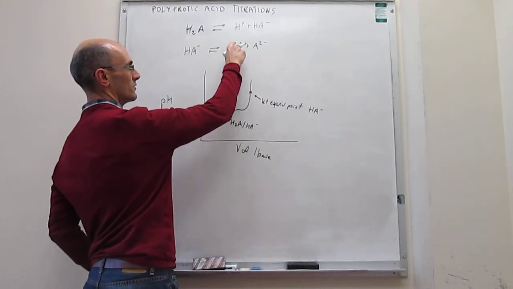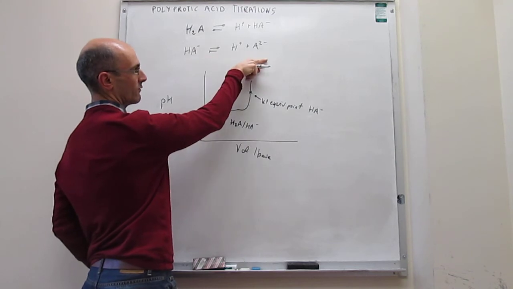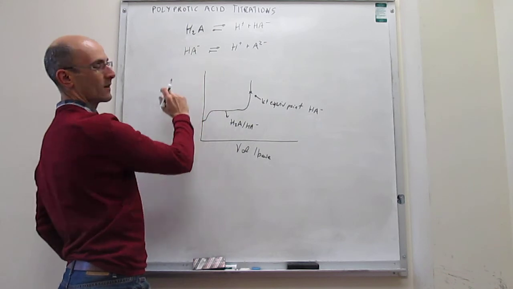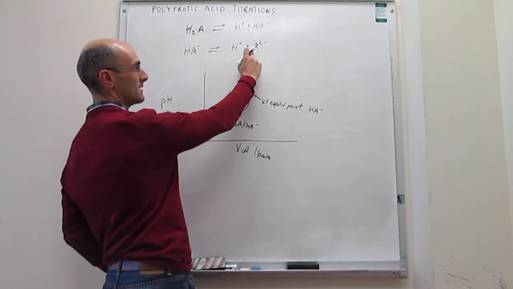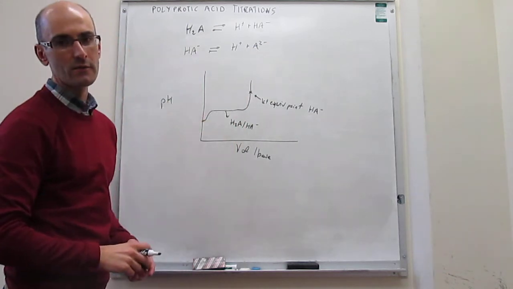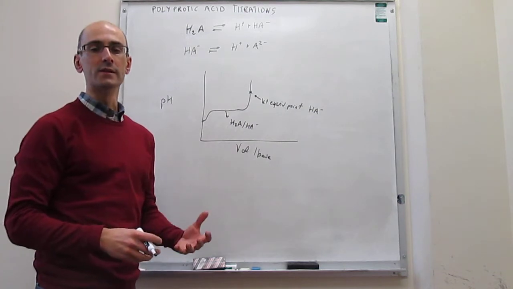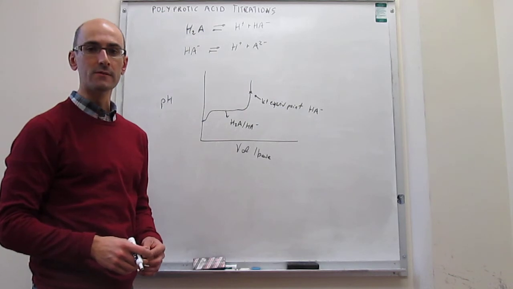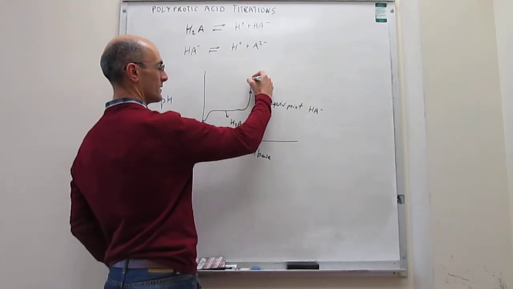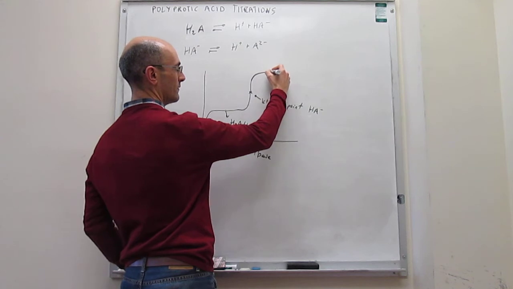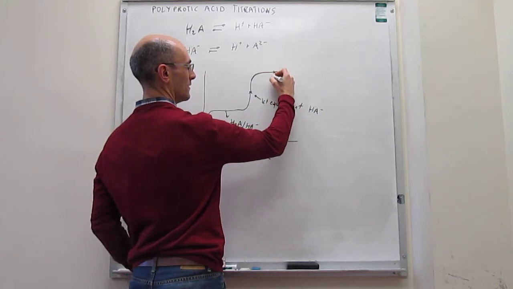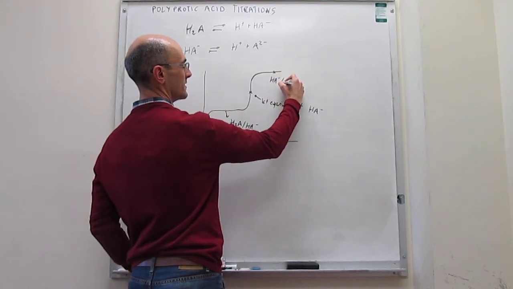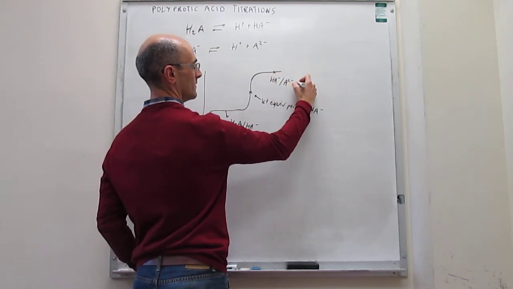You're neutralizing that proton, which means that equilibrium moves to the right, and you start to decrease the concentration of HA- and increase the concentration of the conjugate base until you reach the second half equivalence point, where you have the HA-, A2- buffer. The curve will taper off, and here you have your other buffer, where in solution you will have reasonably equal amounts of HA- and A2-.